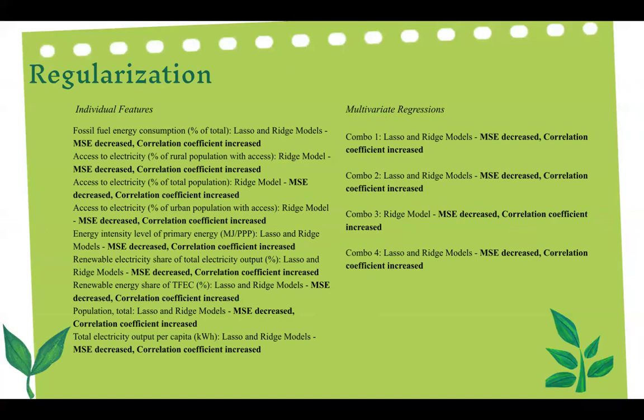We found improvements made with just the ridge model for access to electricity percent of rural population with access, access to electricity percent of total population, and access to electricity percent of urban population with access. For combinations 1, 2, and 4, we saw improvements with both the lasso and ridge methods. For combination 3, we saw improvements with just the ridge method.